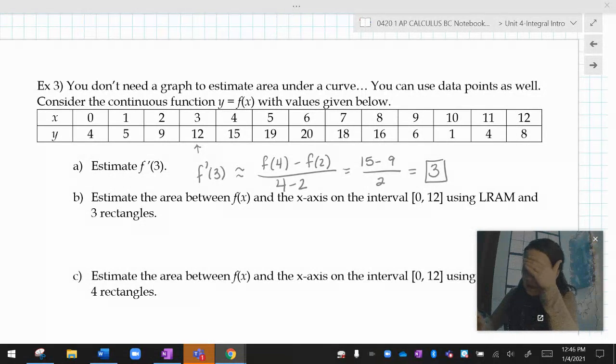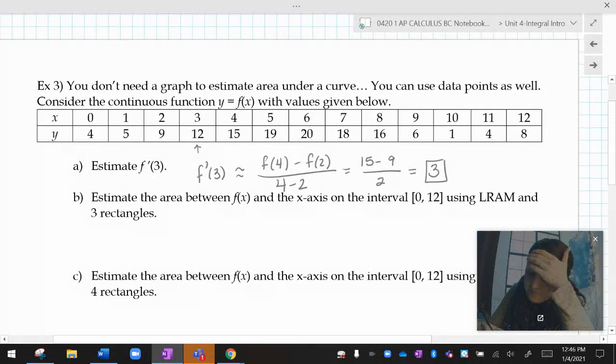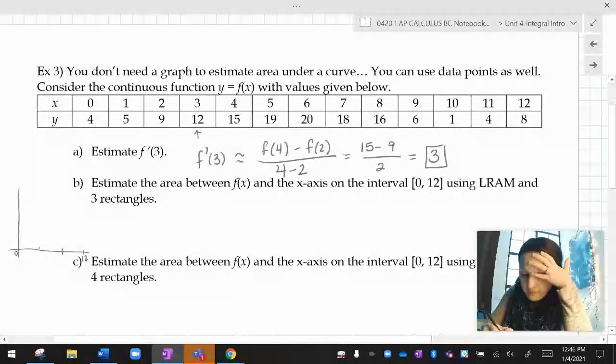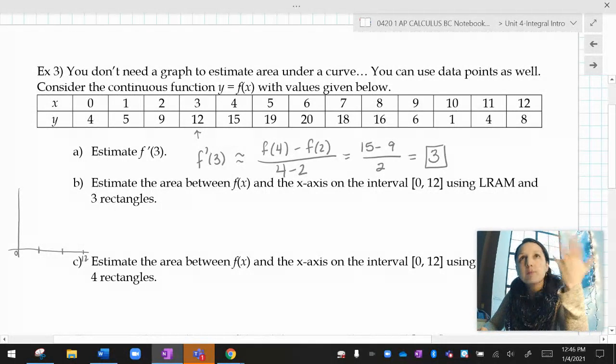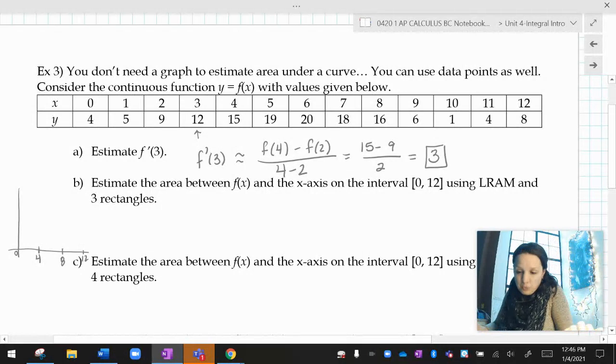in 3 rectangles. Okay, so I'm going to sketch a graph for a second here. I have to go from 0 to 12, and I have to use 3 rectangles. Well, 12 divided by 3 is 4. So this would be 4, 8, and 12. And then if I want to use LRAM, I'm going to draw up from the left end point.